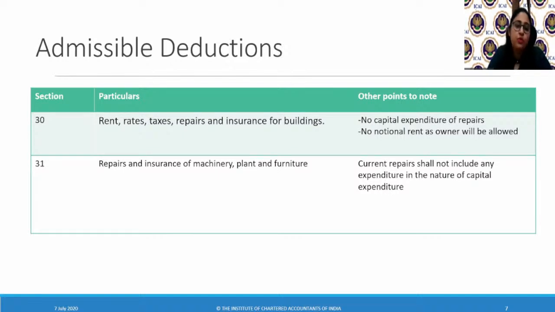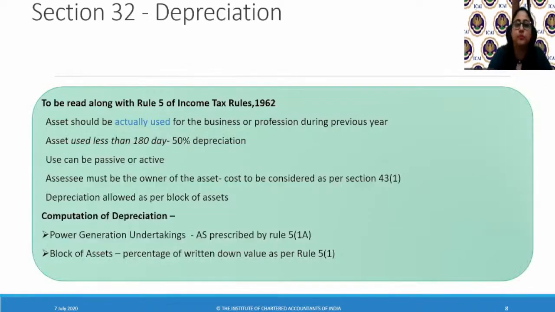I'm not going back to 12th standard on what is current repair and what is capital expenditure repair. Anything which increases the life of the asset is capital expenditure repair. On that we'll not go into detail. Okay, so repairs and insurance of plant and machinery, again used for the purpose of business, would be allowed. If all of those things are already deducted in your P&L profit, you will not make any adjustments. If not deducted, you will give the adjustments.